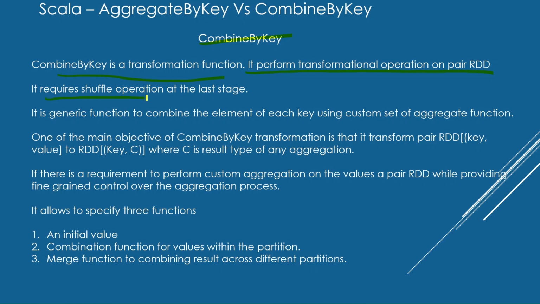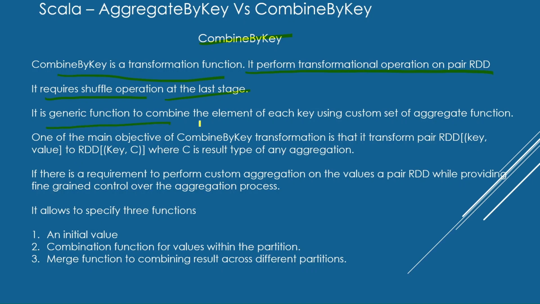It requires a shuffle operation at the last stage. As I told you, combine by key is also going to do a shuffling operation. But one good thing about aggregate by key as well as combine by key is that the shuffling operation will take place at the last stage of the transformation.